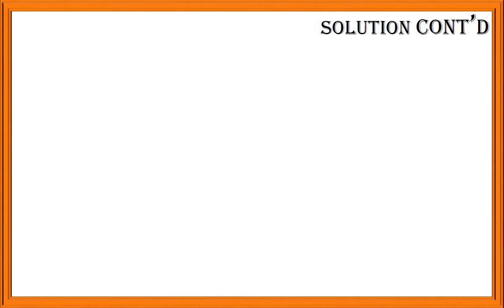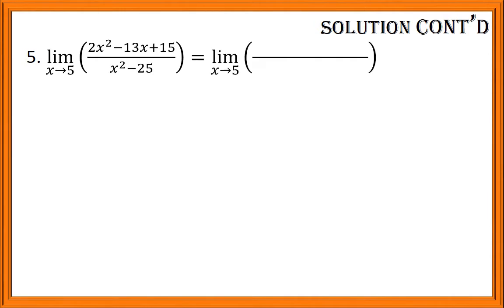Let's look at the solution of example 5. For example 5, we have the limit of 2x squared minus 13x plus 15 all over x squared minus 25 as x approaches positive 5. This would then be equal to 2x squared minus 10x minus 3x plus 15 when we expand the middle term, that is the negative 13x.